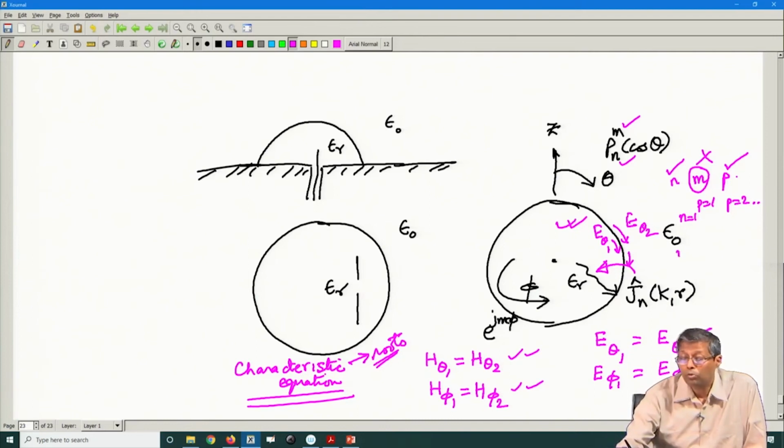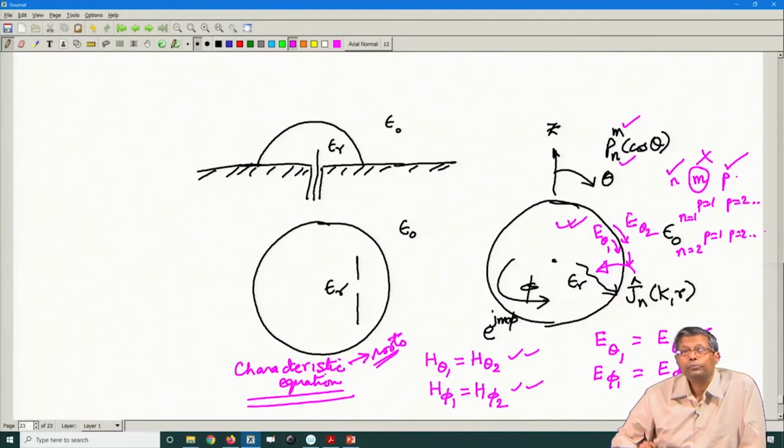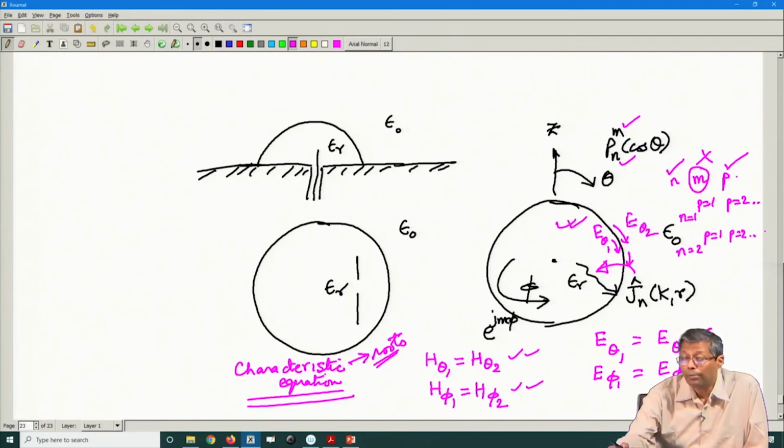N equal to 2, again p equal to 1, p equal to 2, and so on. But it must be remembered that though the resonant frequency is independent of m, the fields will depend on m.